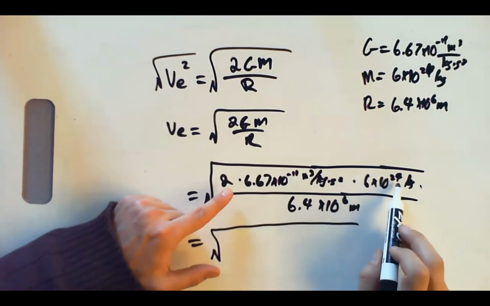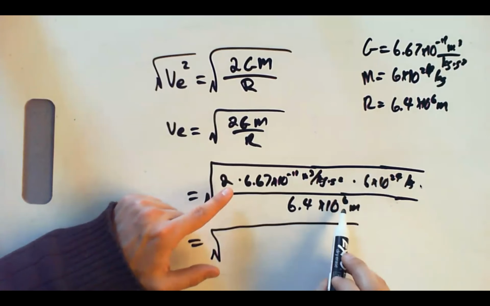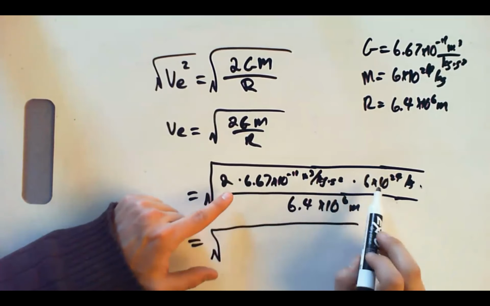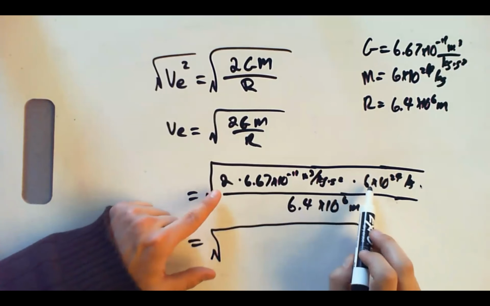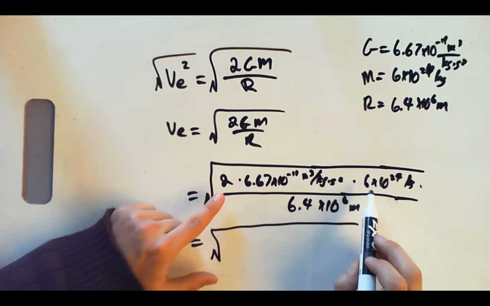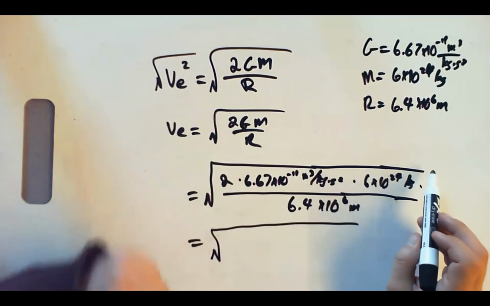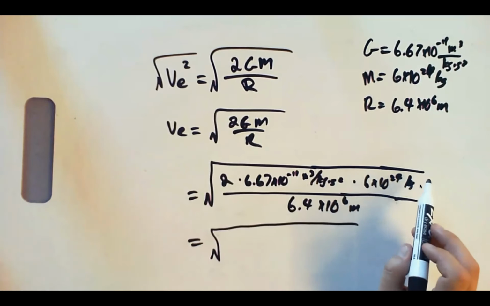You just add those exponents, so that's going to be 10 to the 13 or so. Now you're dividing by a 10 to the 6. That's going to give you a 10 to the 7 or so. You probably have a 10 to the 8 because you're multiplying two 6s and a 2 together. You take the square root of that, you cut that 8 in half to 4.